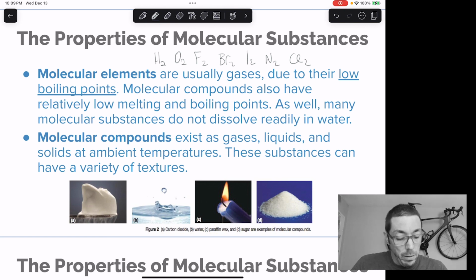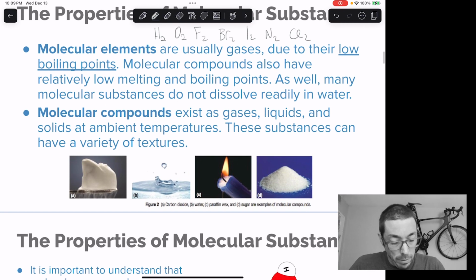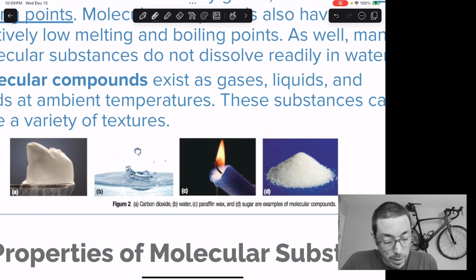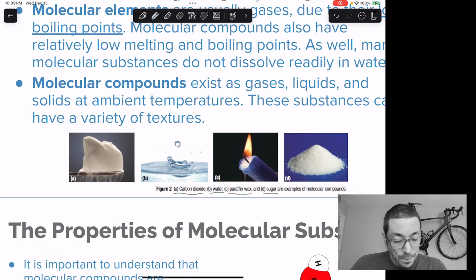As far as molecular compounds, some examples of molecular compounds are shown down here: carbon dioxide, water, wax, candle wax, and sugar. These are all molecular compounds, so they're made of non-metals bonded together by sharing electrons in bonds.